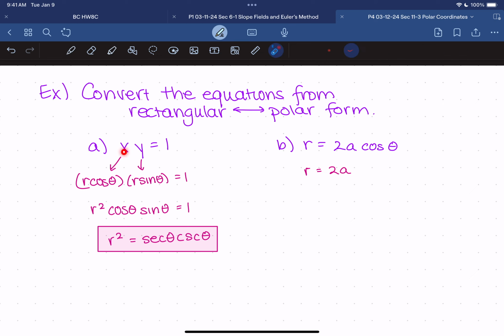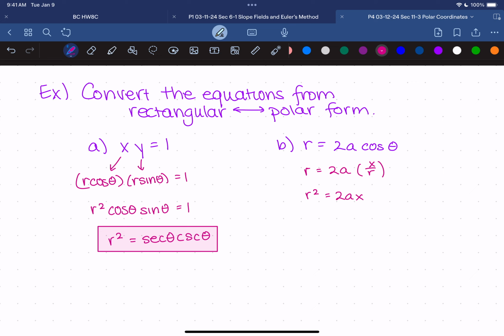We know that x is r cosine theta, so that means that cosine theta would be x over r. I can replace cosine theta with x over r. And then I can multiply both sides by r and get r squared equals 2ax, whoops.